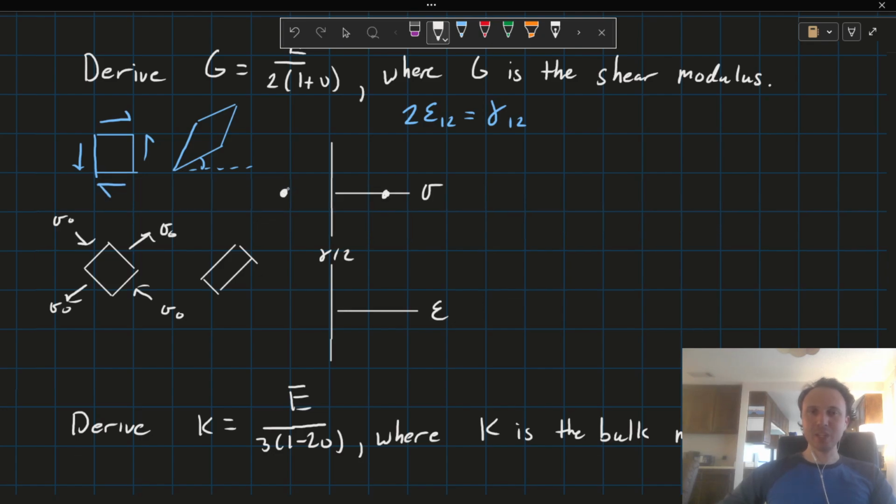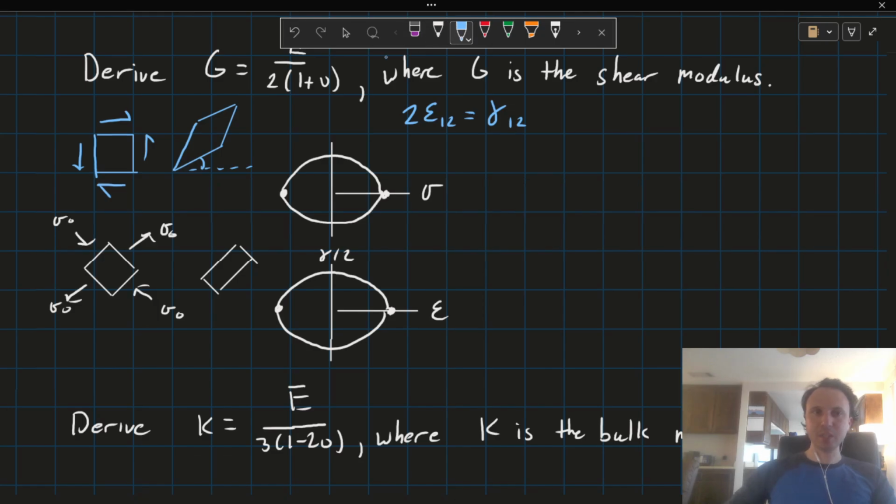So this will be sigma naught and minus sigma naught, and this will be epsilon naught and minus epsilon naught. So let's draw the circles. Okay, and let's call these up here tau, and this will be gamma over 2. So gamma naught over 2, tau naught. Am I missing anything? I think we're good. We'll call this sigma naught, minus sigma naught, epsilon naught, minus epsilon naught.